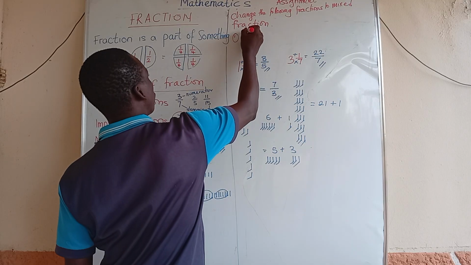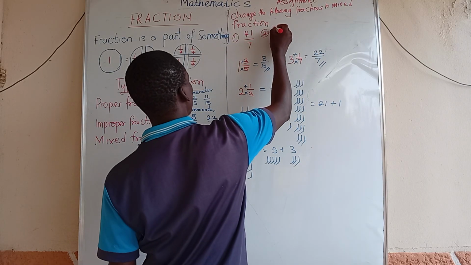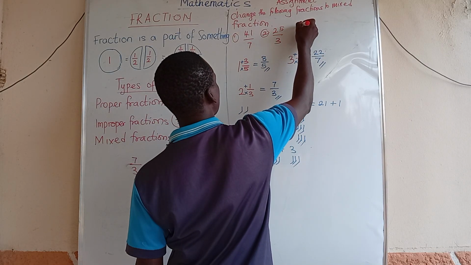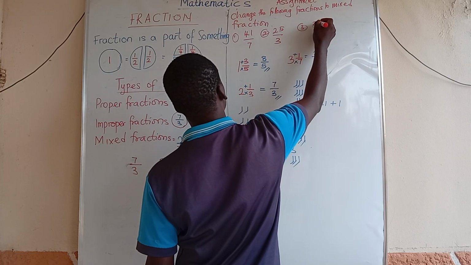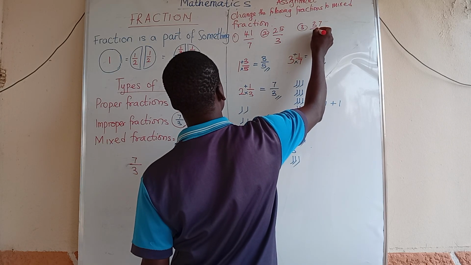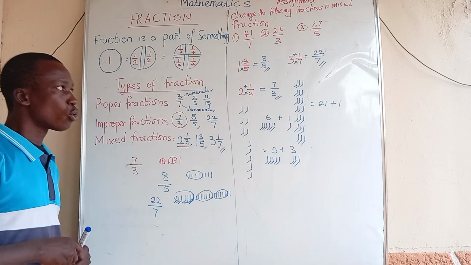Number 1, 41/7. Number 2, 25/3. Number 3, 37/5. So you can attempt this question.